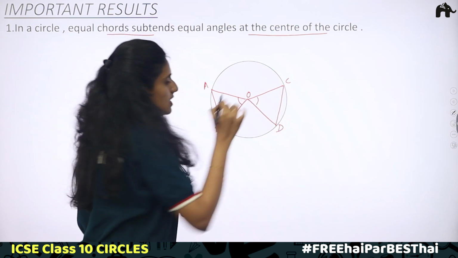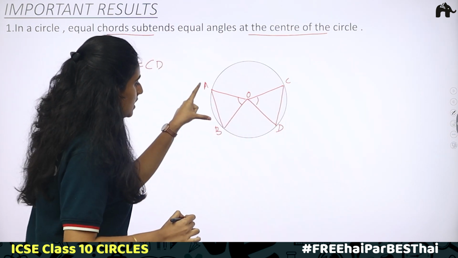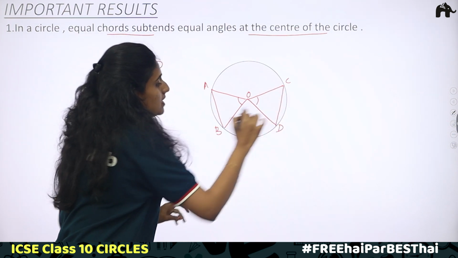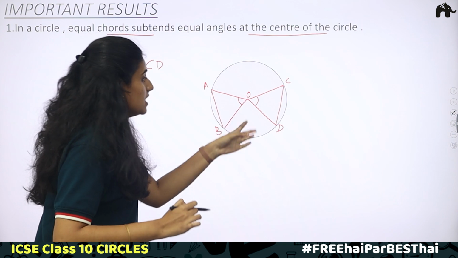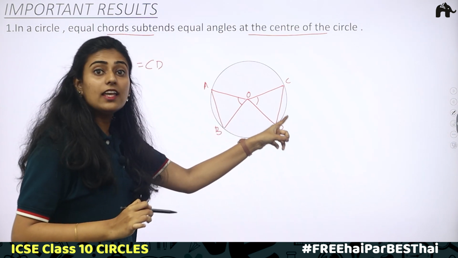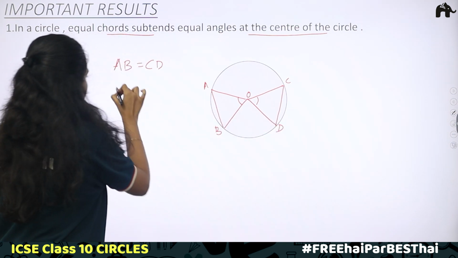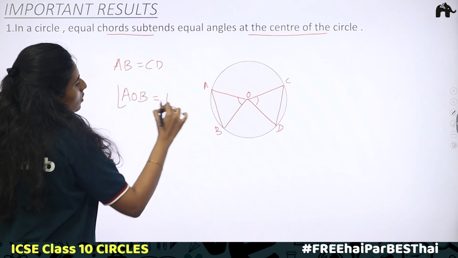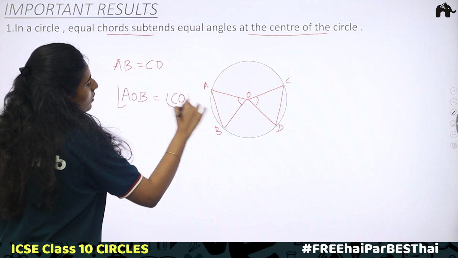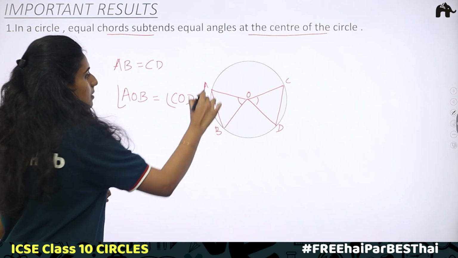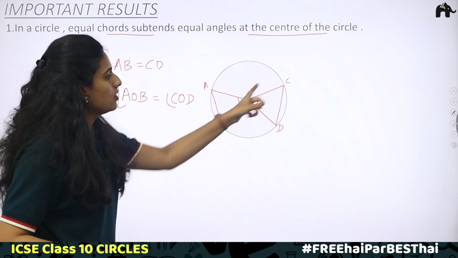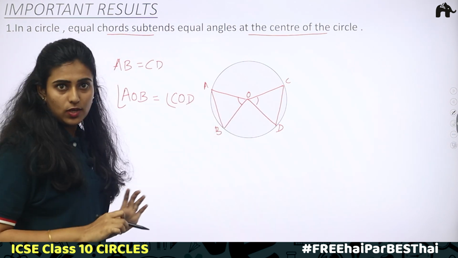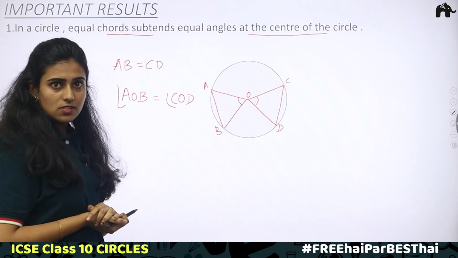So, according to this statement, the angle subtended by AB at the center will be equal to the angle subtended by CD at the center since both of these are equal in length. Therefore, angle AOB will be equal to angle COD. Clear? The measure of angle AOB will be equal to the measure of angle COD since both these are of equal length.